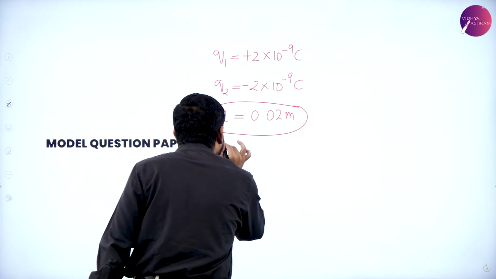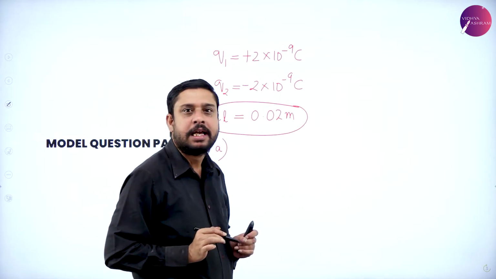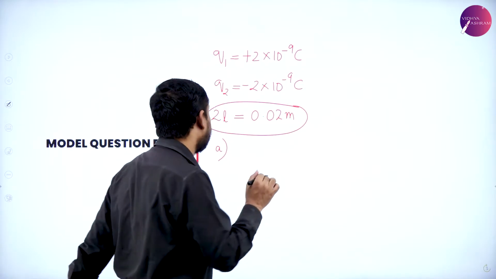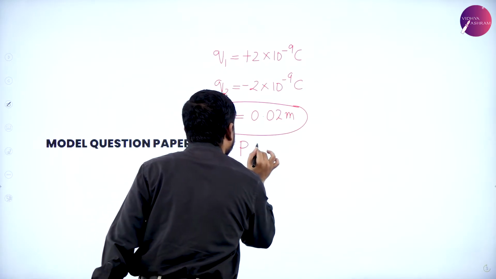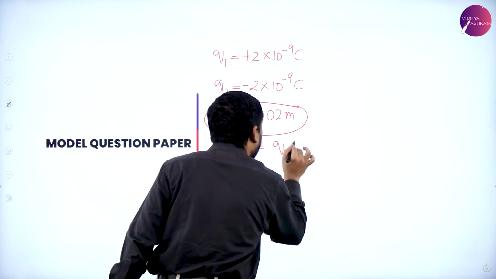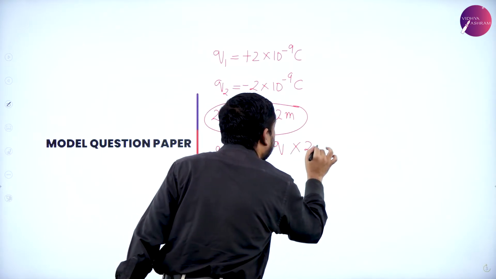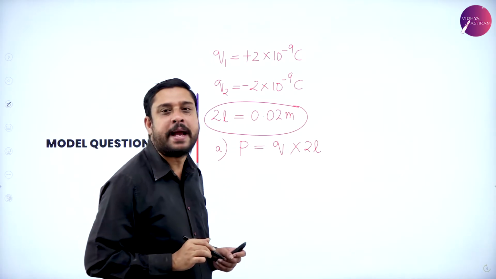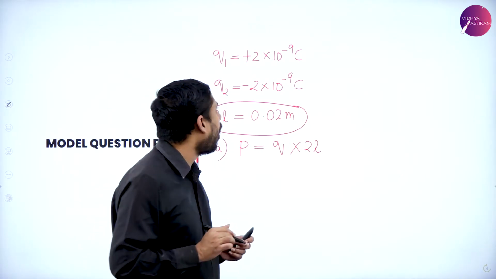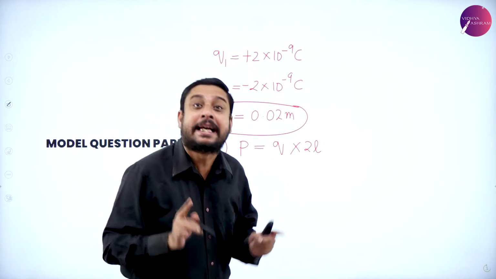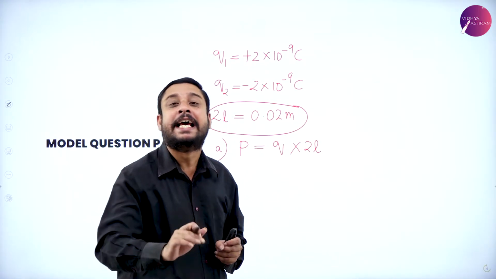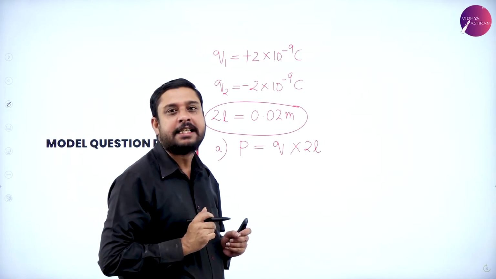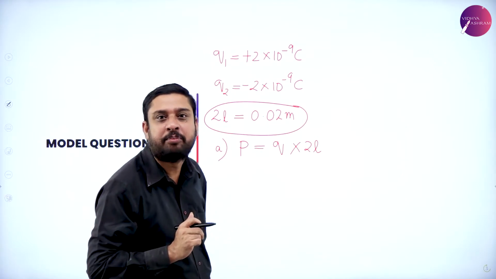So first I will calculate the dipole moment, which is P, which is equal to Q into 2L. Remember the expression: dipole moment is the product of the magnitude of any one of the charges and the distance of separation between them.